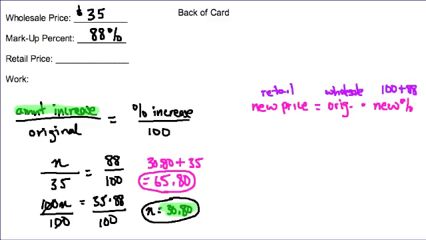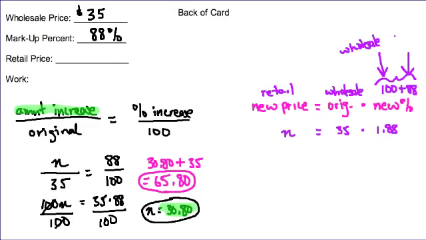So let's write this into an equation now. The retail price I do not know, it's n. The wholesale price is 35. And my decimal is 1.88. The reason for this is that 100% was the wholesale, but remember, I'm marking it up, so the retail price is actually going to be more than 100%.